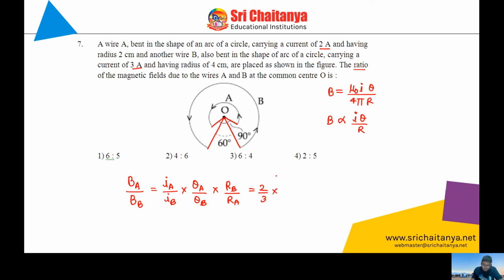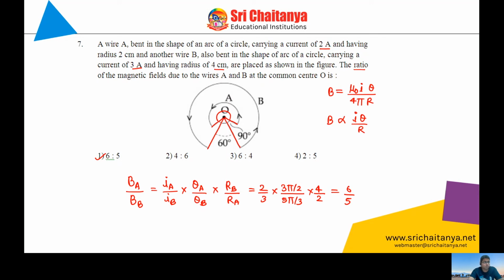For theta A and theta B, A is subtending 2 pi minus pi by 2, that is 3 pi by 2, and arc B is subtending 2 pi minus pi by 3, that is 5 pi by 3. RB is 4 centimeter and RA is 2 centimeter, so that would be 4 by 2. Simplifying, you will get 6 by 5. As simple as that, so option 1 will be the right choice.